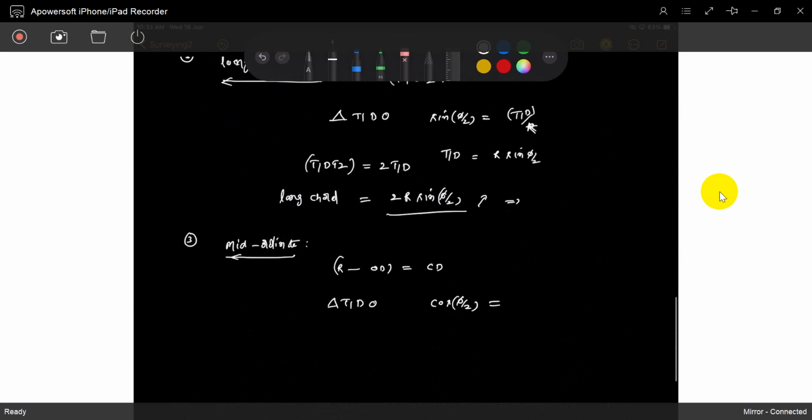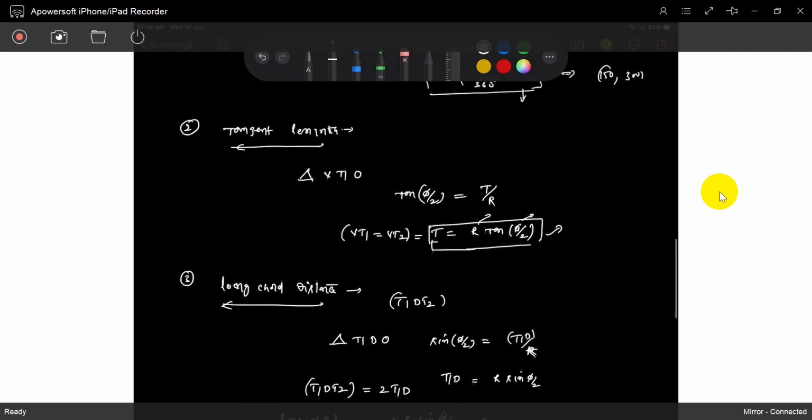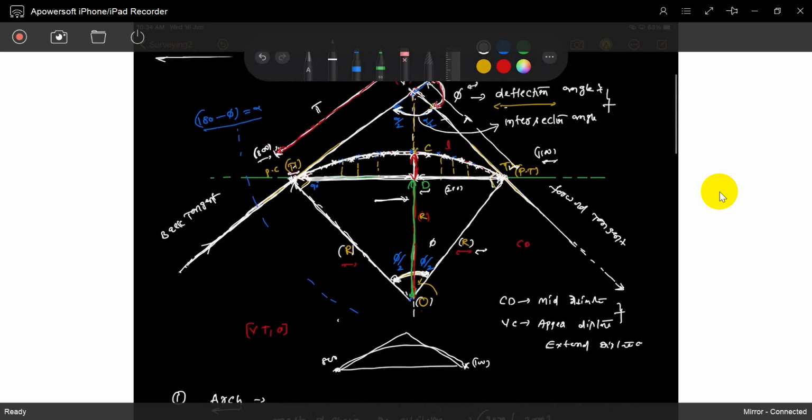OD divided by R. So OD is R multiplied by cos phi by 2. So the mid-ordinate distance is R minus R cos phi by 2, which you can write as R versine of phi by 2. So we can easily calculate the mid-ordinate point.